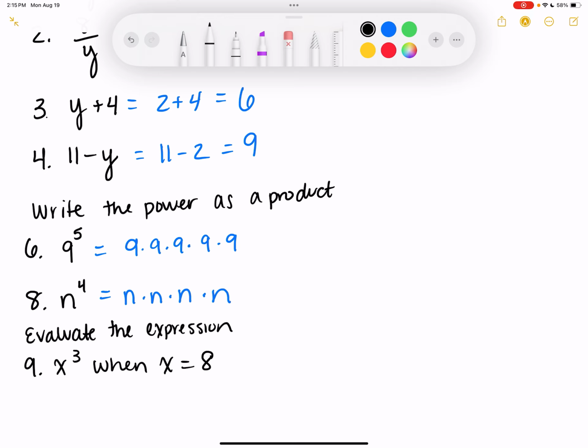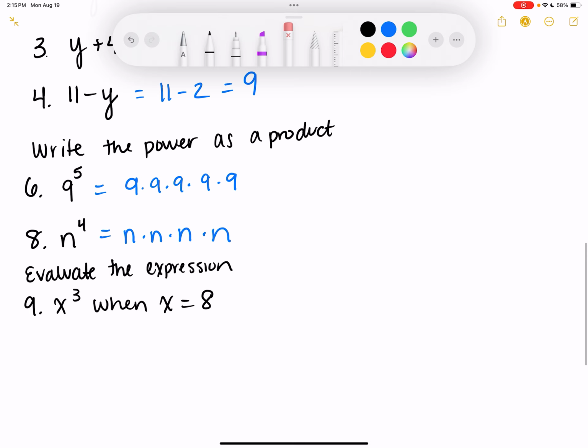I am plugging in the number, and then I'm going to evaluate it as a power of 3, but I am actually going to get one singular number at the end. So this is going to be 8 cubed, which means 8 times 8 times 8.